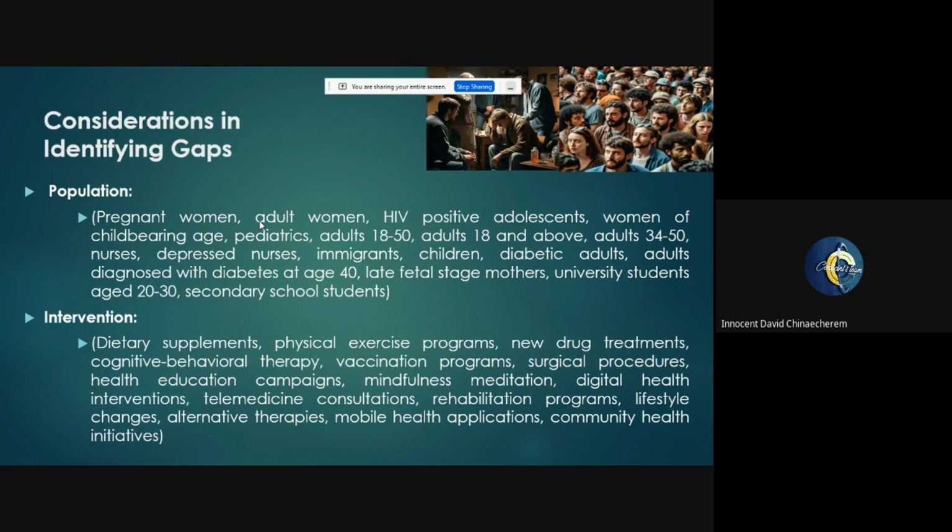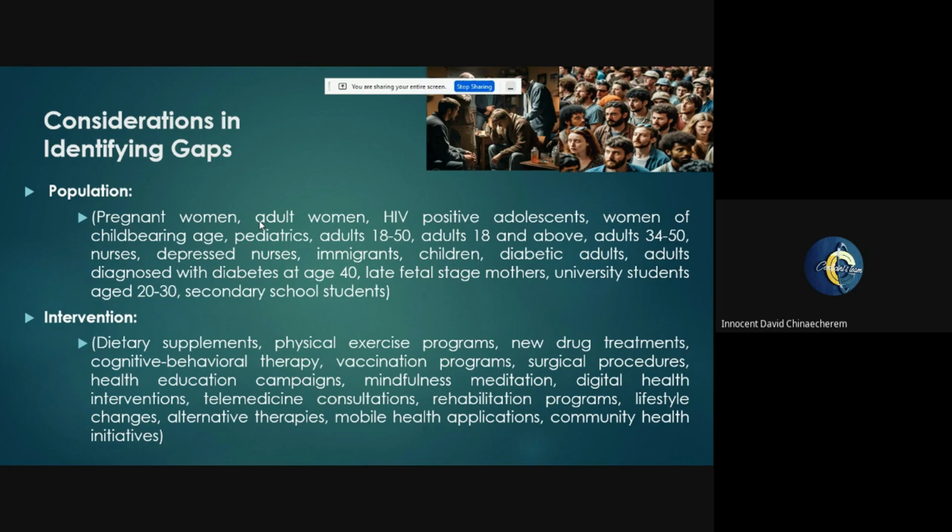So it starts getting interesting here, because we now need to know what to consider in identifying the gaps in literature in our systematic review. Many times we struggle in this aspect because we have a particular variable in mind.